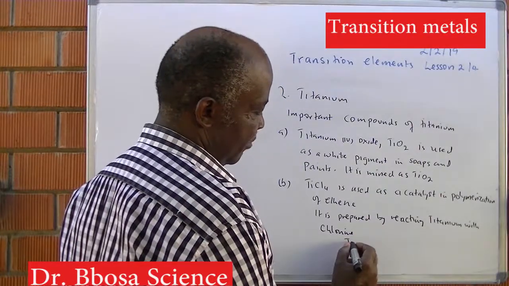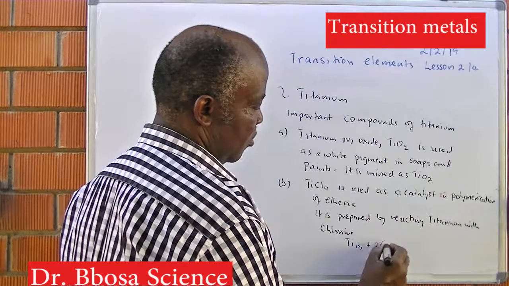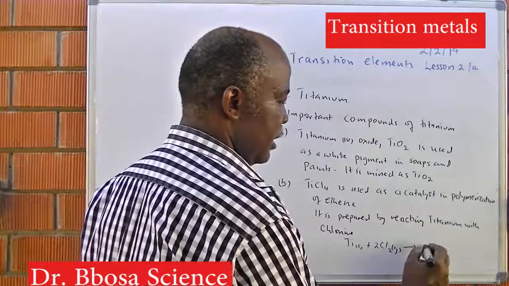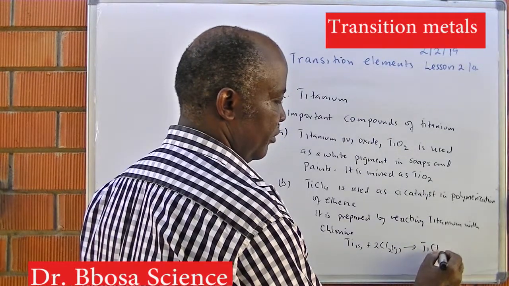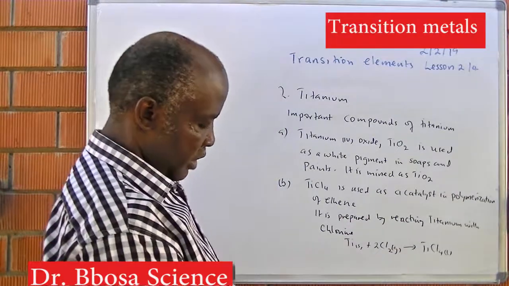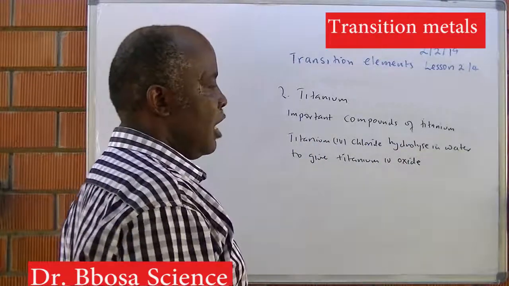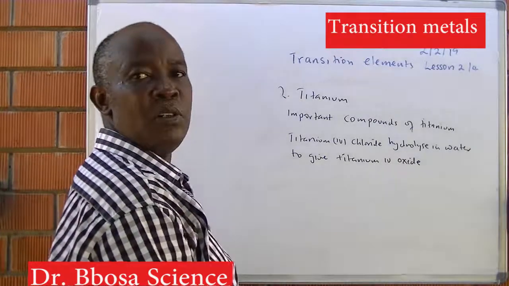So titanium, which is a solid, plus 2 chlorine, Cl2 gas, you will get titanium(IV) chloride, which is a volatile liquid. Titanium(IV) chloride is hydrolyzed in water to give titanium(IV) oxide.